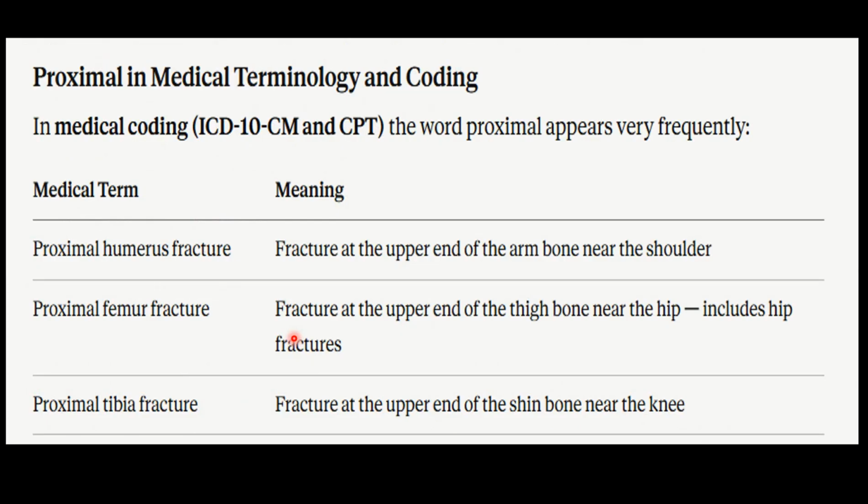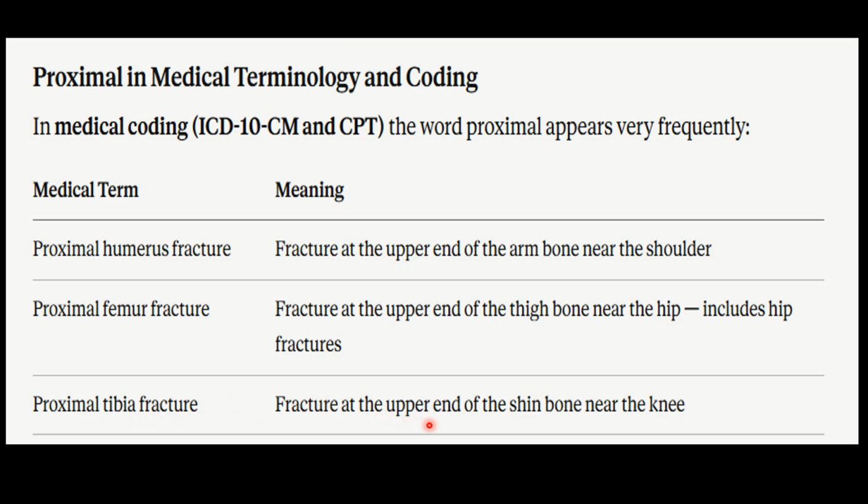Now let's see how it is utilized in medical coding. So in medical coding, ICD-10-CM and CPT, the word proximal appears very frequently, like proximal humerus fracture, that is a fracture at the upper end of the arm bone near the shoulder. Proximal femur fracture, that is a fracture at the upper end of the thigh bone near the hip, includes hip fracture.